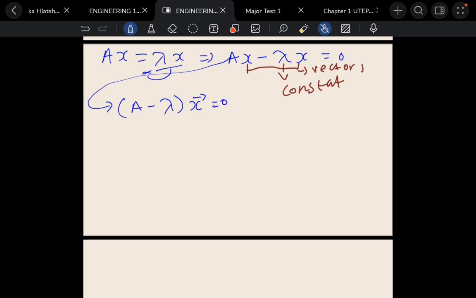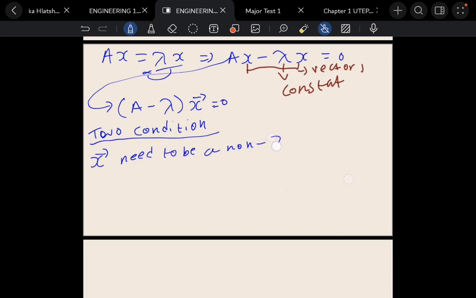And what we're going to do, we are just going to say two conditions that this thing will happen. Now x bar needs to be a non-zero vector for this thing to work, right?